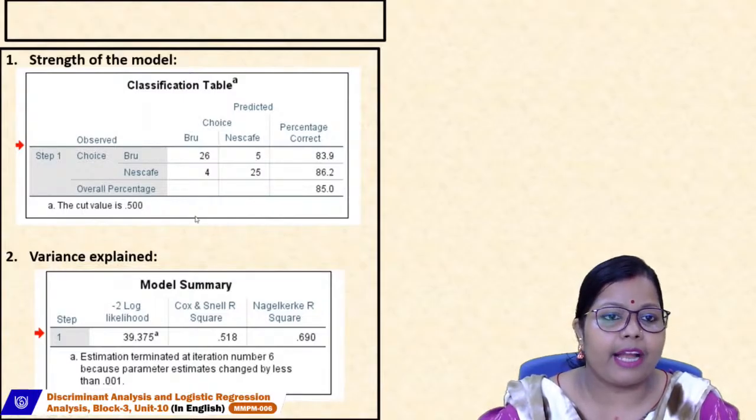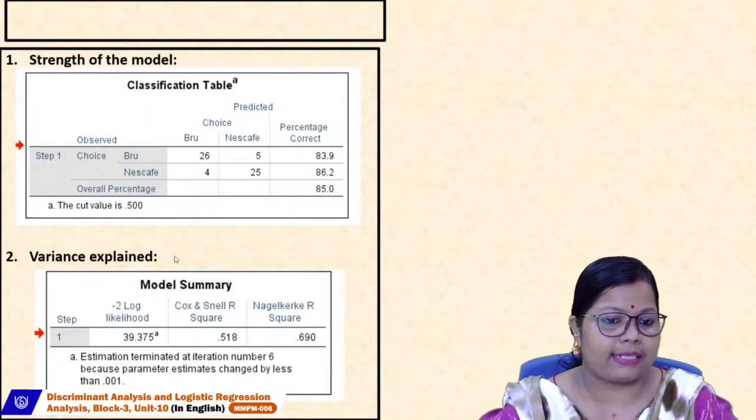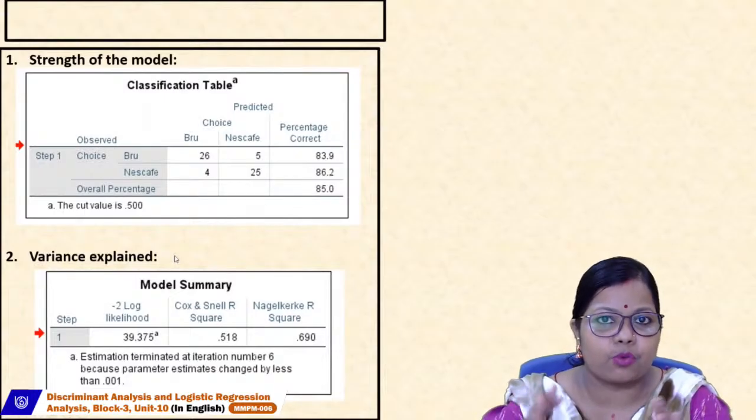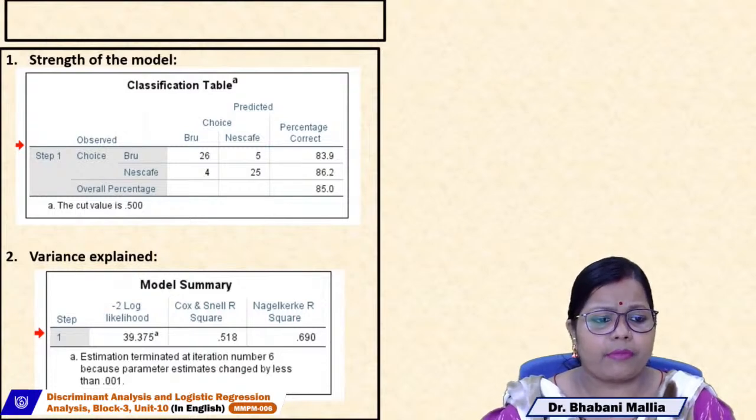Another table we have found is the variance explained in that model, which is shown by SPSS and is known as the model summary. In the model summary, what is shown?